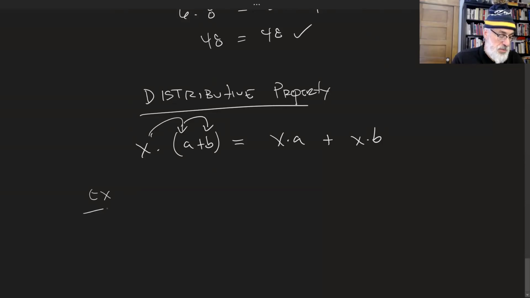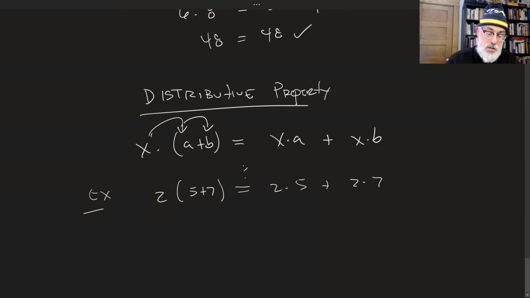So let's use another simple example. Let's say 2 times (5 plus 7). Is that the same as 2 times 5 plus 2 times 7? That is 2 times 12, which is 24. This is 10 plus 14. So 24 is indeed 24.